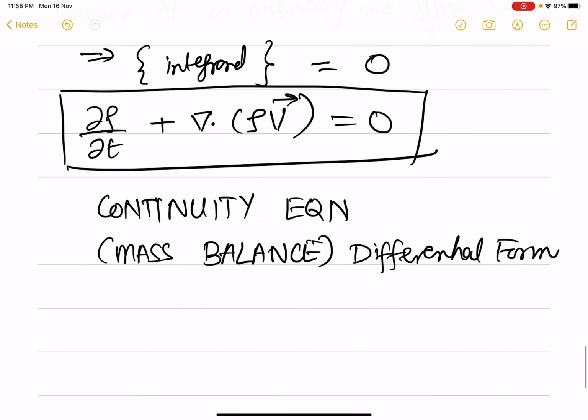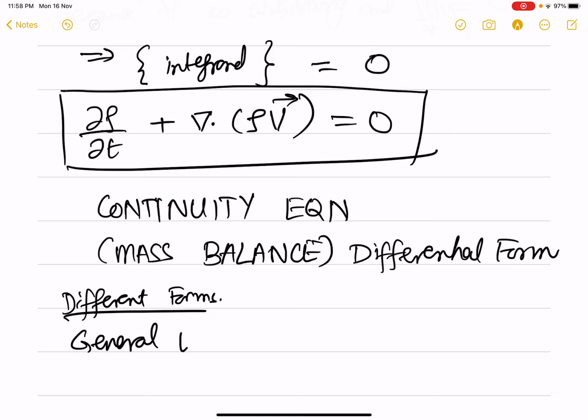Now we can look at the different forms. Before I look at that, this equation is a very general equation. No assumptions have been made.